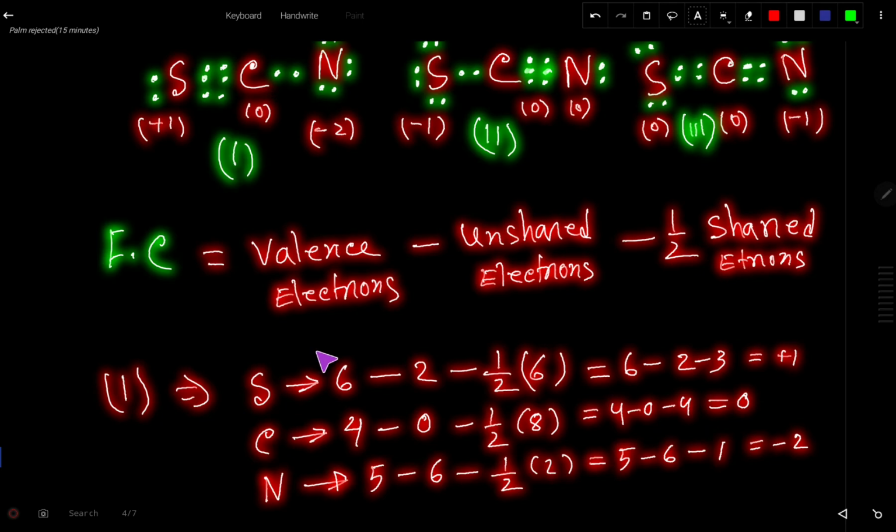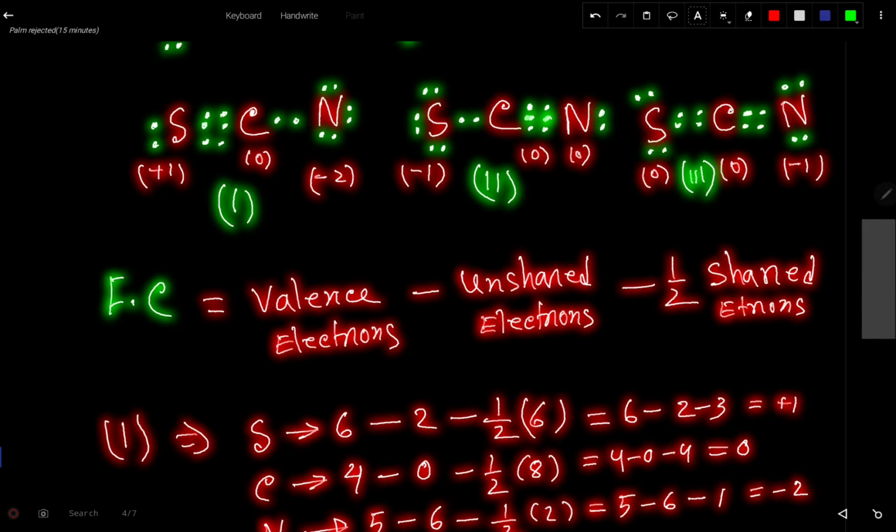For carbon, which has 4 valence electrons, the unshared electrons are 0, everything is shared, and half of the shared electrons is 6 over 2. So we are getting 0 formal charge for carbon.